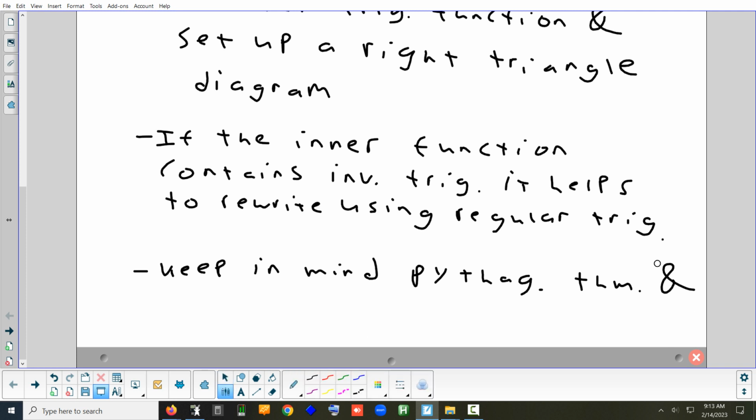So as we go through this, keep in mind the Pythagorean theorem, because that's going to help you to figure out the third side that you don't know. So there's going to be a lot of square roots with this. Okay, Pythagorean theorem, most of the time answers don't come out nice. So we'll be working with square roots. Just remember, if you end up with a square root, don't leave it in the bottom of a fraction. You need to fix them.